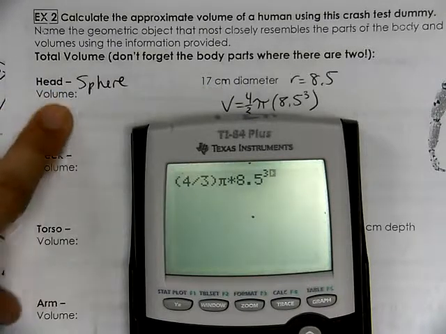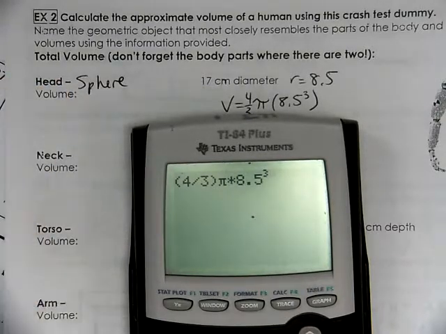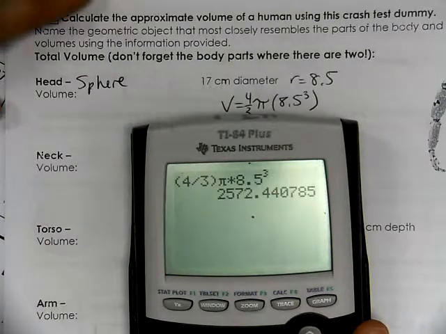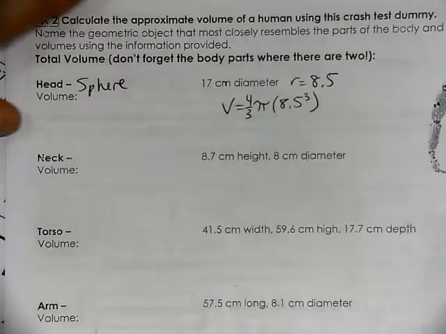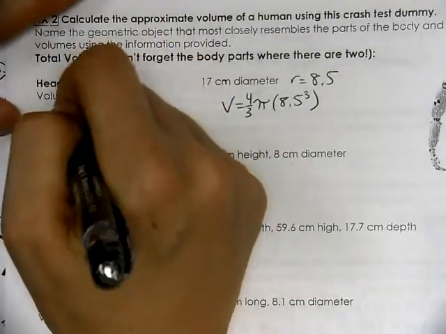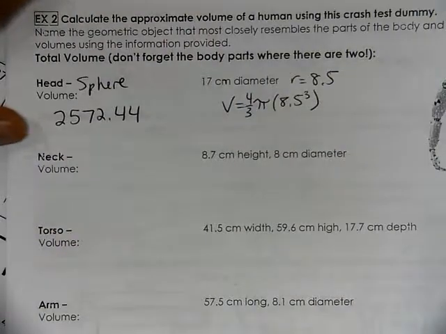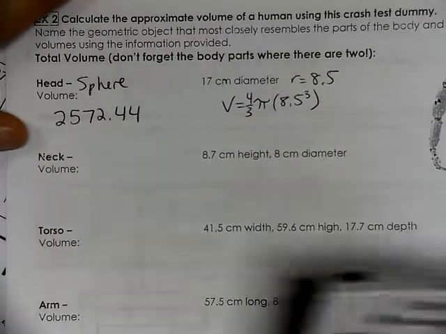I'm going to write all the volumes over here because we're going to have to add them all at the end. So 2,572.44. Okay, we're going to stick with cubic centimeters for now.